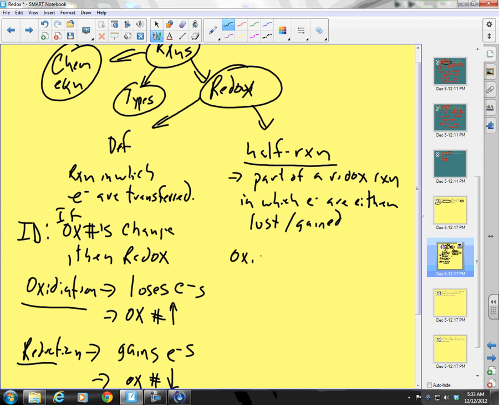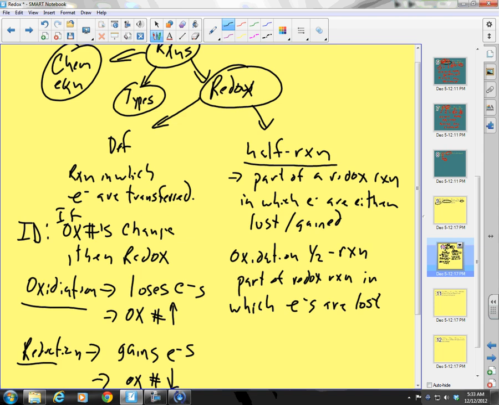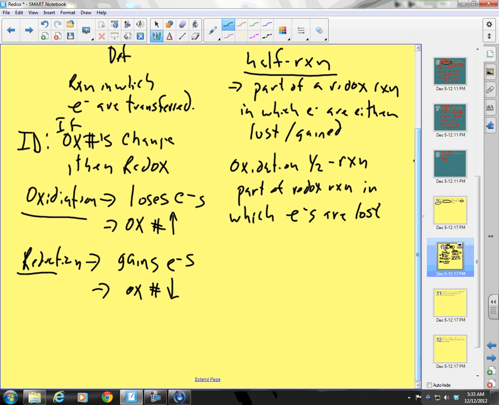We have the oxidation half reaction. And what do you suppose is that? That is a part of a redox reaction in which electrons are lost, and then we can have my reduction half reaction. And what is that? That is part of a redox reaction in which electrons are gained.